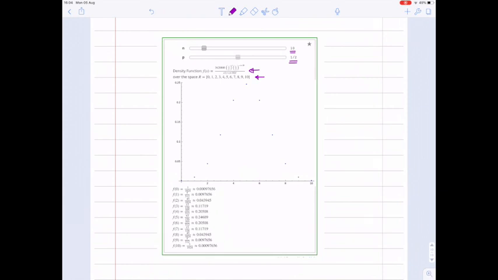And what does it look like? Well, you'll see that the probability of getting 0 heads is very small, whereas the probability of getting 5 heads is probably the biggest probability that we've got, and the probability of getting all 10 heads is very small.